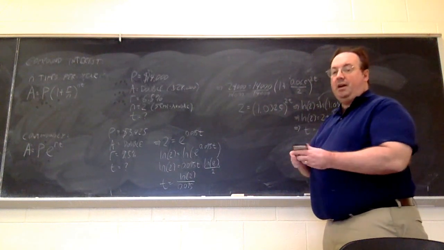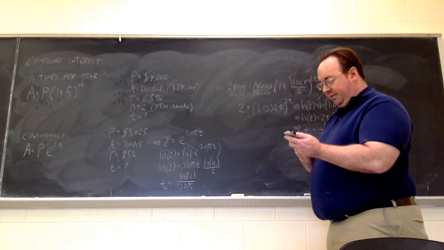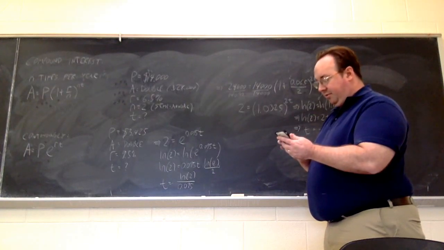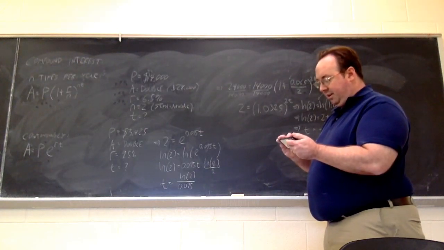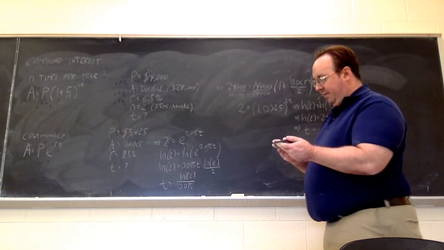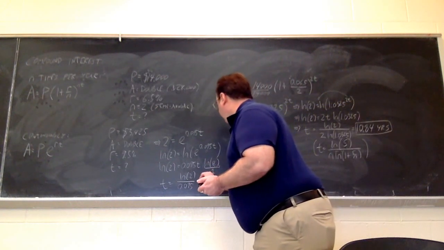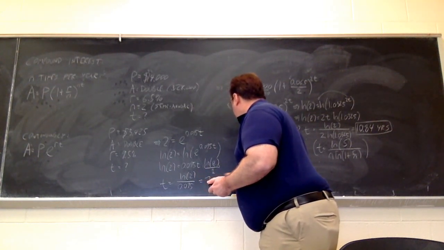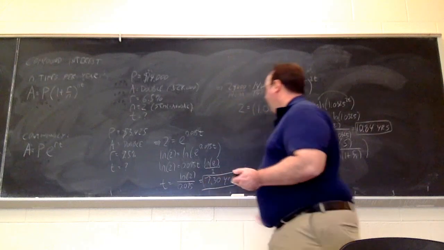Okay, so now I can turn to my calculator, and so I have 2, natural log, divided by 0.095. And what I get to 2 decimal places is 7.30. So that is my final answer in that case.